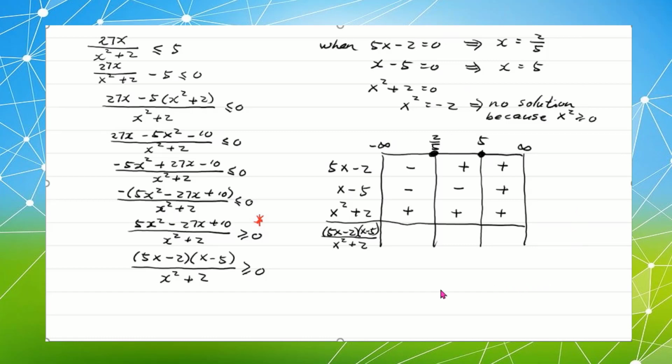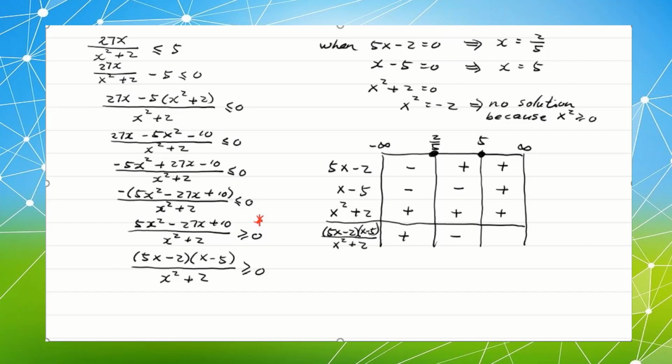Now for x less than 2 over 5, negative times negative divided by positive, we will get a positive value. Then for x in between 2 over 5 up to 5, positive times negative divided by positive, we will get a negative value.